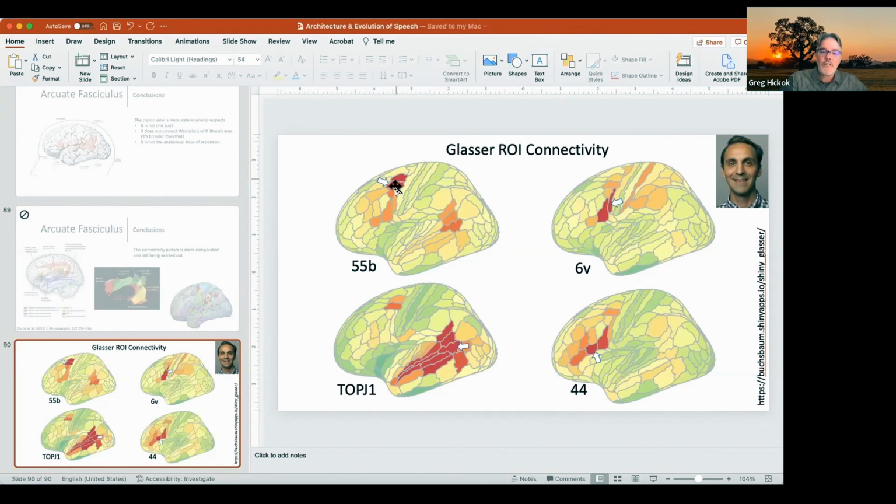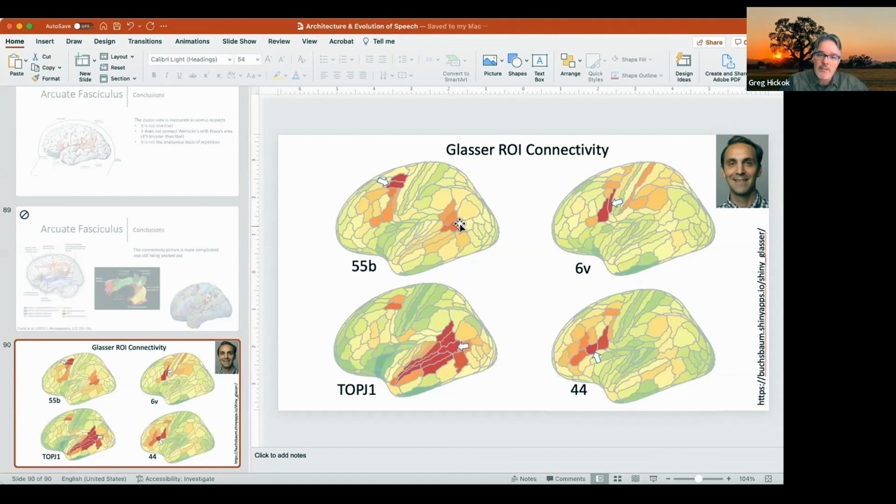Nonetheless, if you look at the connectivity with 55B, what you see is, interestingly, connectivity with frontal eye fields and posterior SPT-like regions, including maybe auditory related stuff. If you look at 6V, which is closer to the ventral premotor area, you don't see connectivity in auditory related areas. Less connectivity with these frontal eye fields, but more connectivity with sensory areas.